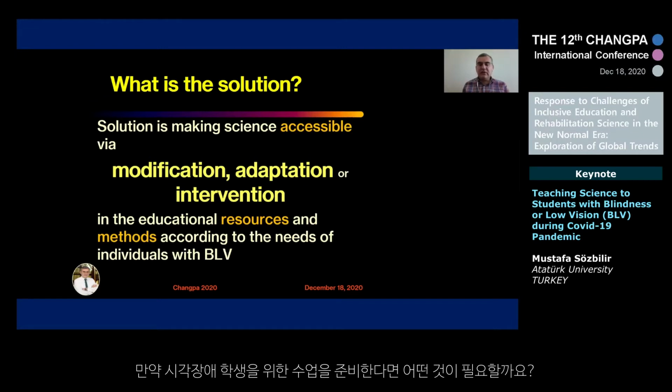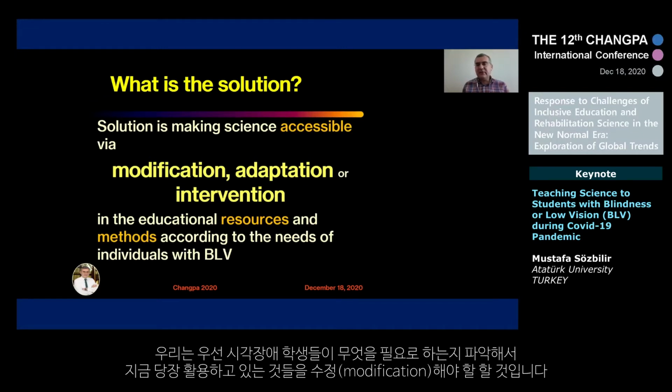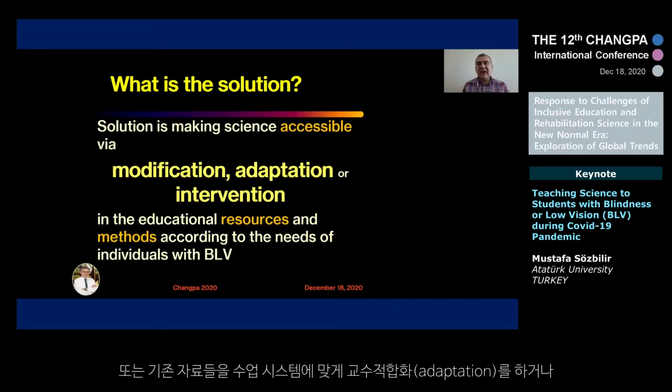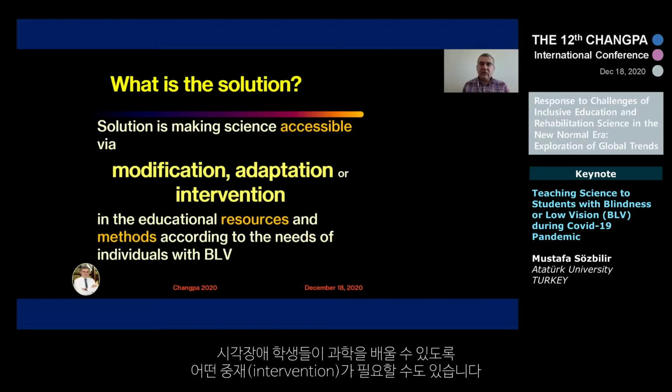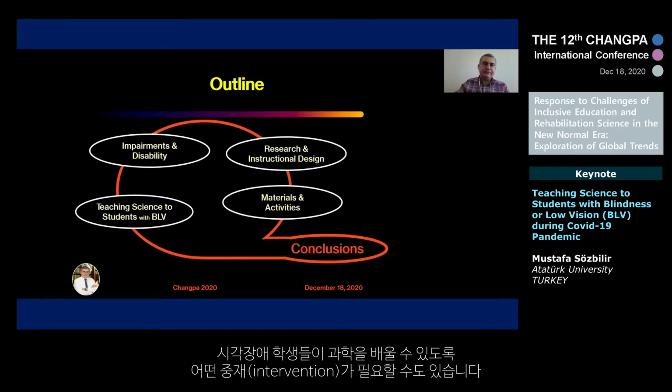So we first need to understand the visually impaired students' needs, and then try to modify what we already have available at hand, or adapt the materials or the instructional system, or develop some kind of interventions that would help visually impaired students in learning science.